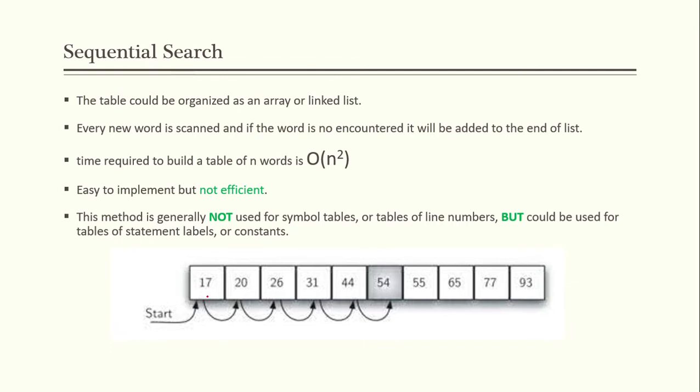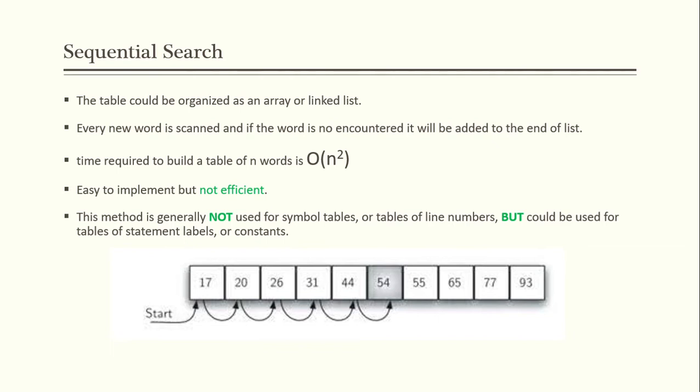Normally you will have data inserted in the form of an array like this. The searching will start from the first location. It starts by comparing the first data and the second data, and then the data that you get will be compared to the next one, and the next one, and the next one. The process will be repeating, and this is the first phase.